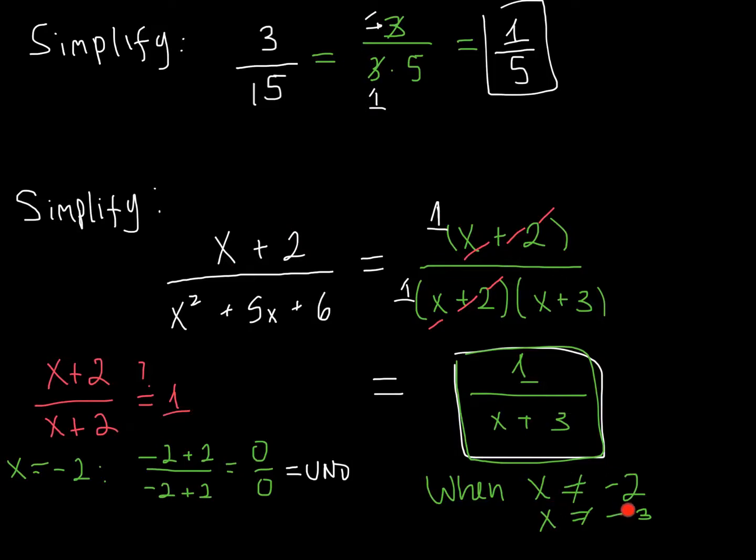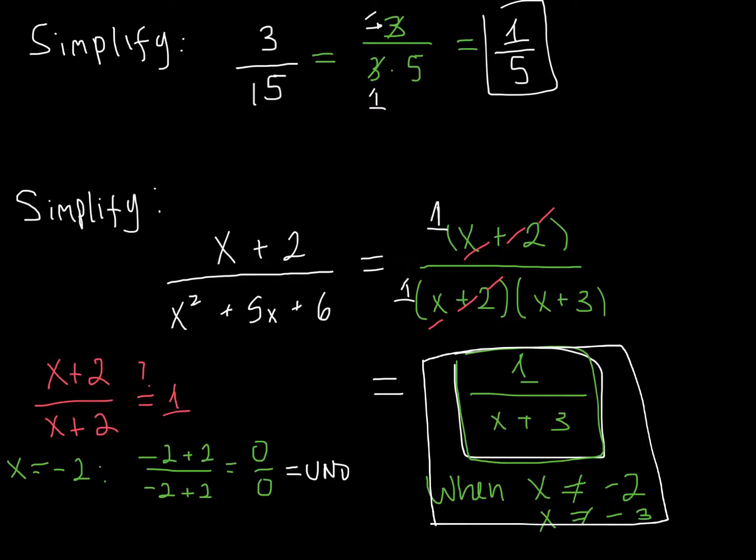If I plug negative 2 in here, I'm going to get 1 over 1, which is 1. And that's not correct, right? 0 over 0 is not 1 over 1. And so x cannot be negative 2. I must include this as part of my simplification.